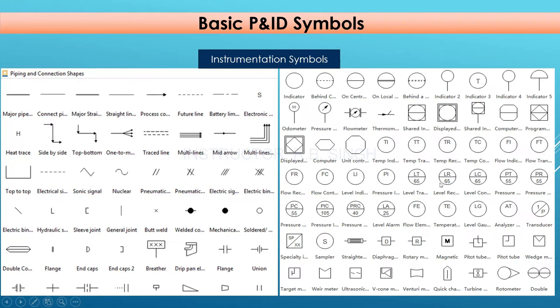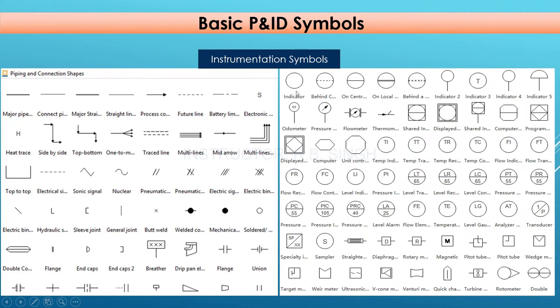Also here are some instrument related symbols. In short, first, it is for the indicator. Wherever you see only a circle with a tag number inside the circle, you must understand that this is the local indication. Just like a pressure gauge, any pressure gauge will be indicated by only a circle, and in the circle the tag number of the pressure gauge will be mentioned.